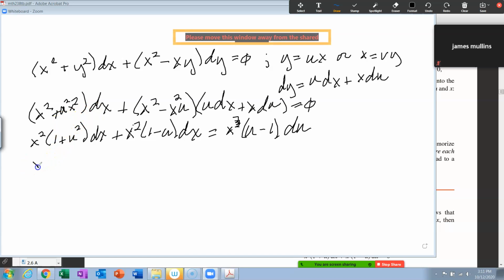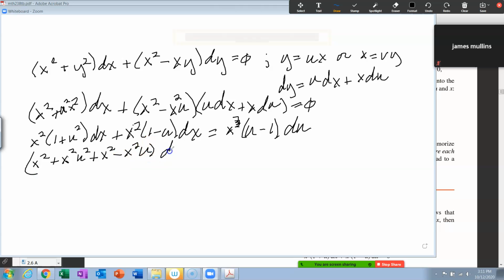This will be x squared plus x squared u squared plus x squared minus x squared u. That's times the dx. Did that help anything?